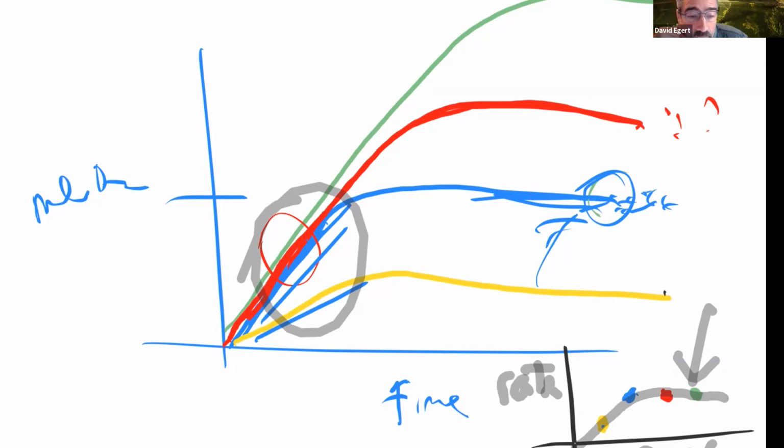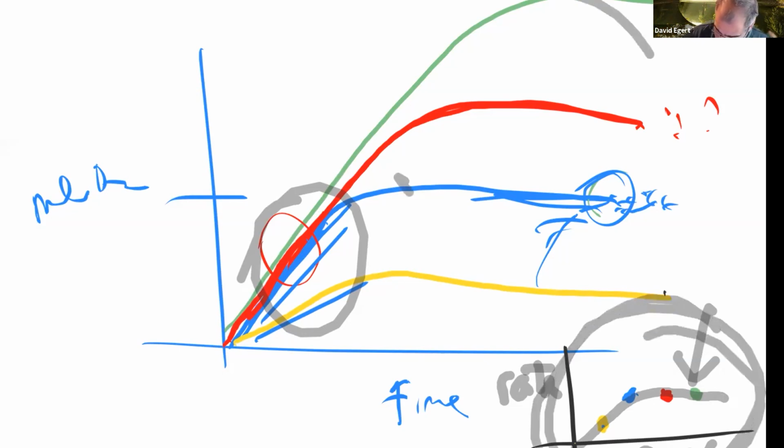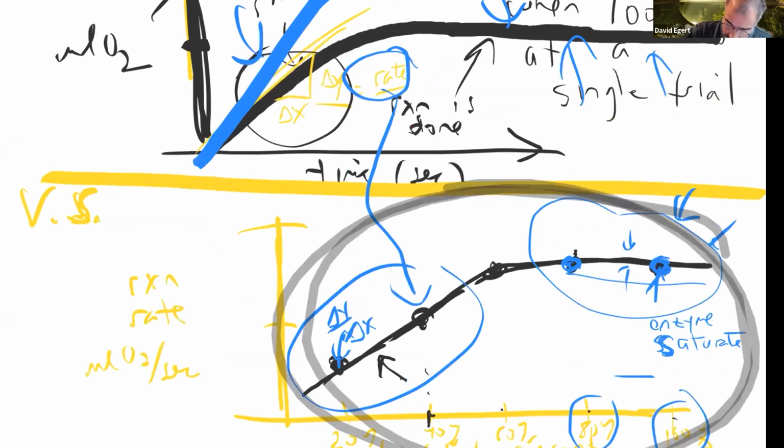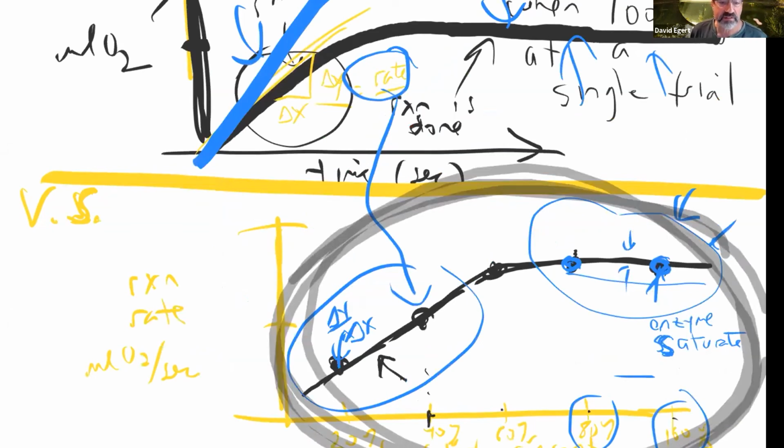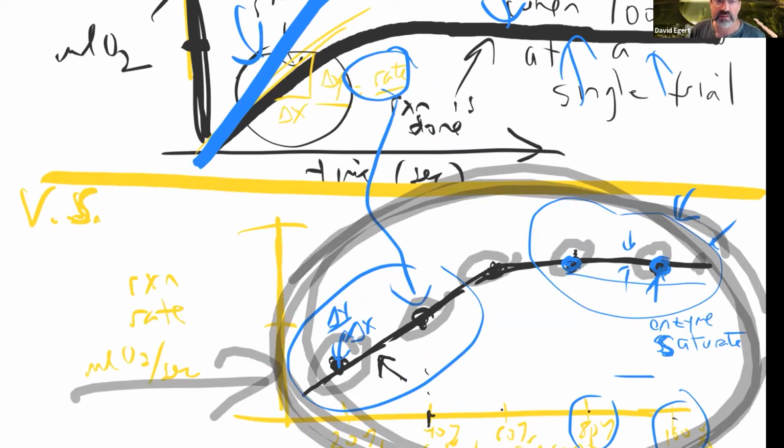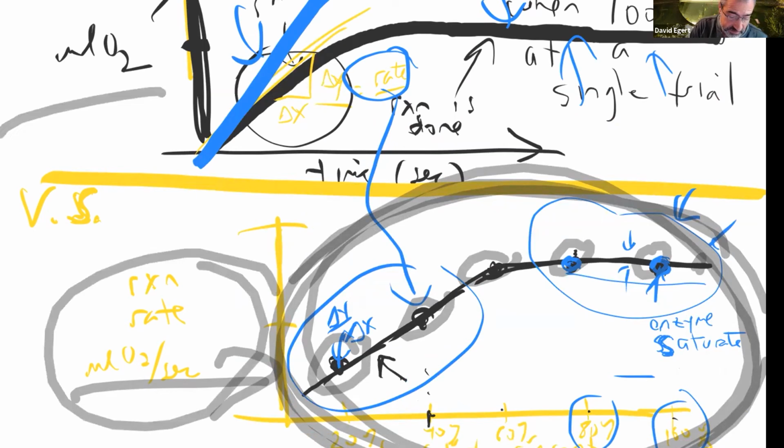Okay, so what I would like you to do over the weekend is try to get this graph. I want you to make your first attempt at this graph of the independent versus dependent variable. To make this, you're going to have to make 6 separate graphs to get each of the data points.